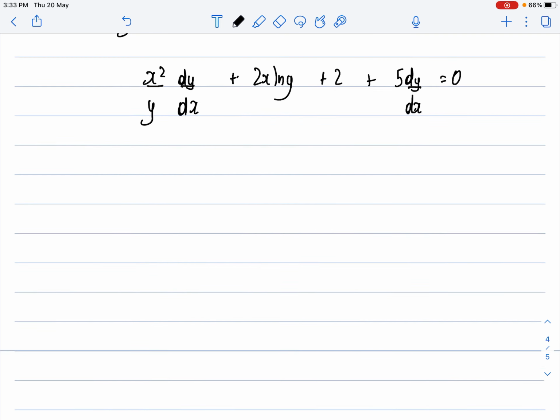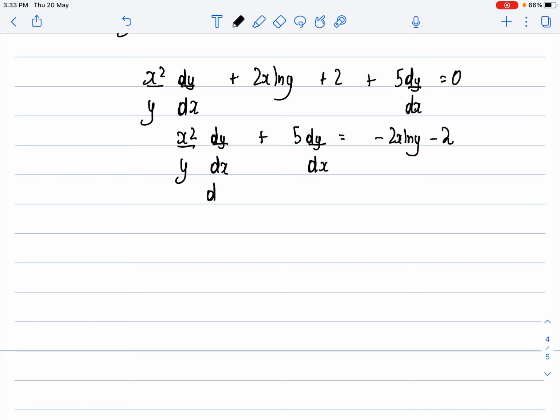So now I can write this as x square over y dy by dx plus 5 dy by dx is equal to minus 2x ln y minus 2.